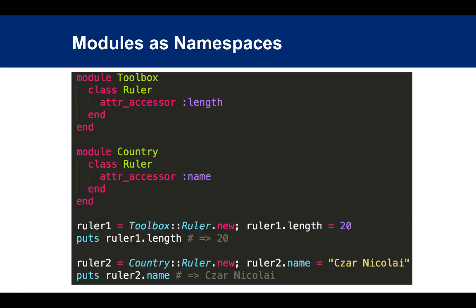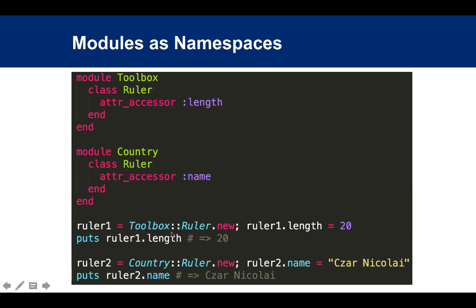So to use a module as a namespace, why would you do that? For example, you have a class Ruler. Well, what kind of a ruler is this? Is this a ruler that you have in your toolbox, or is this a ruler of a country? So the class name is just Ruler, but you could namespace it by saying it belongs to a module Toolbox and have it inside of that module, or it belongs to a module called Country.